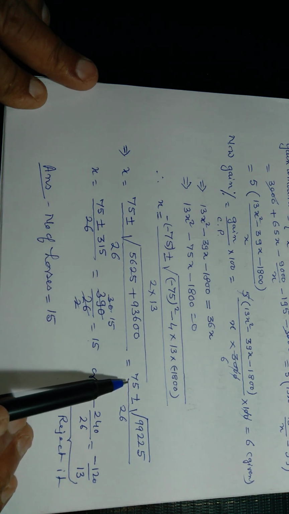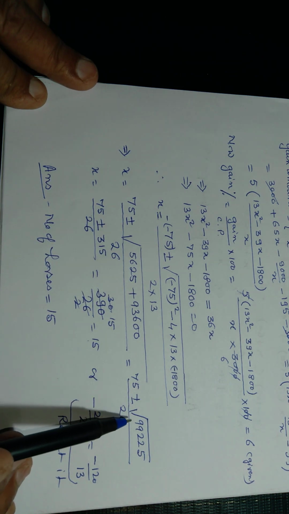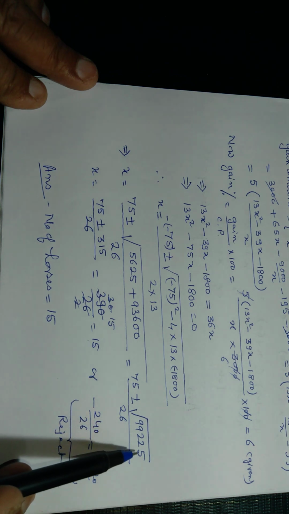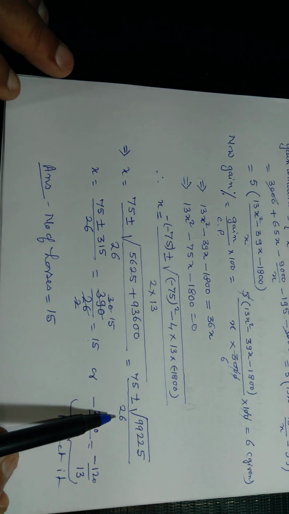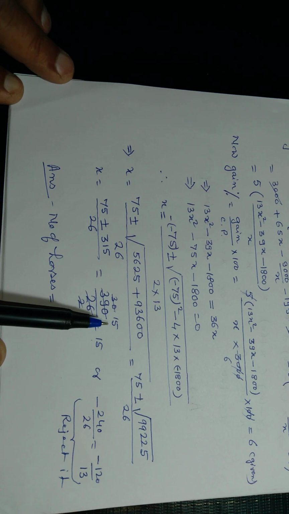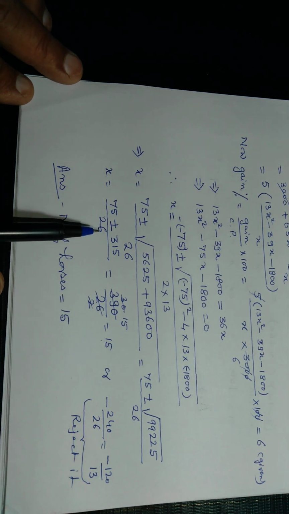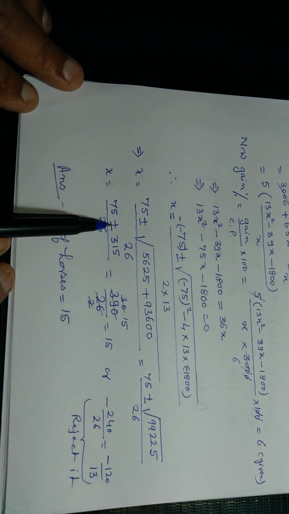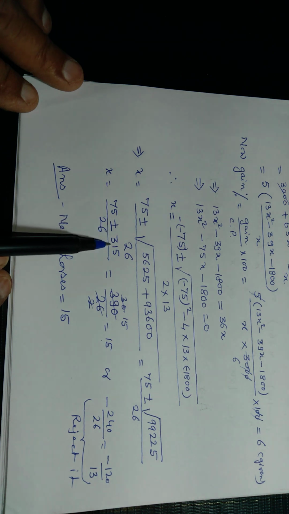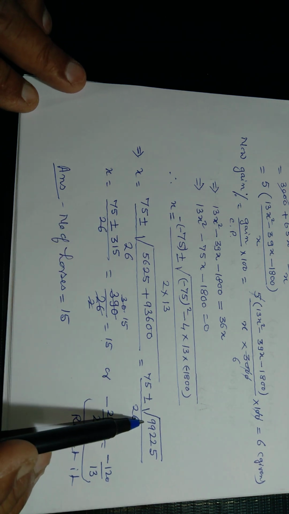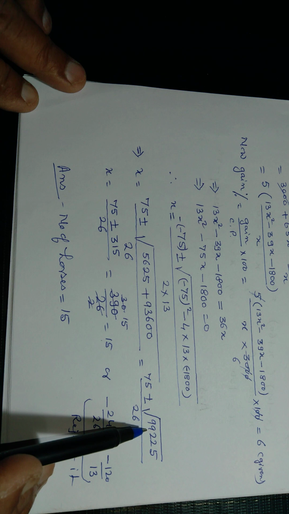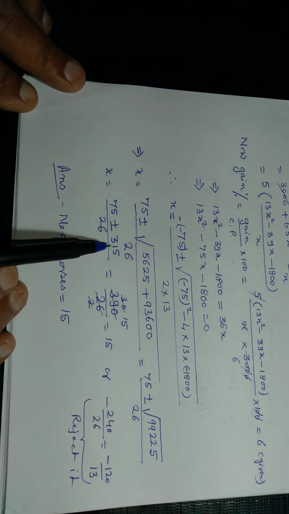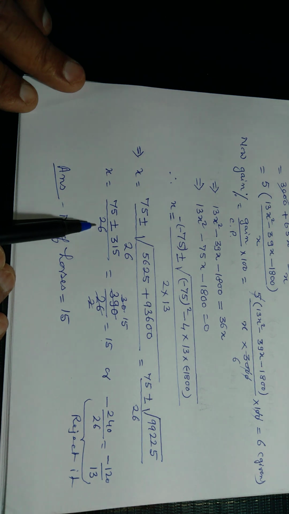It will be equal to again 75 plus minus root 99,225 divided by 26. X will be equal to 75 plus minus 315. If you find out the square root of this 99,225, it will be equal to 315, whole divided by 26 I have here.